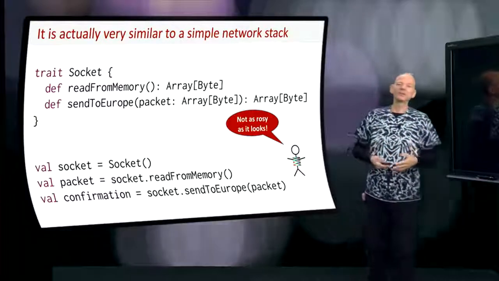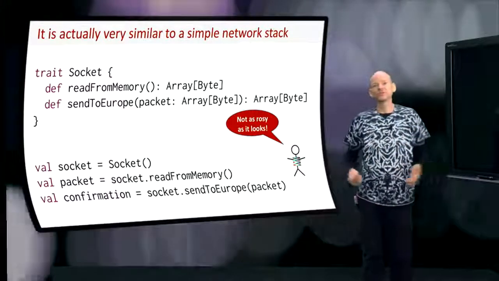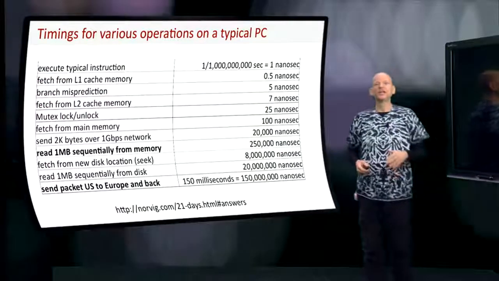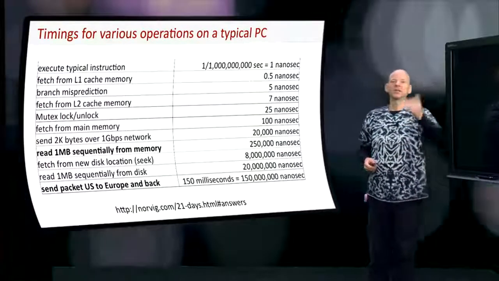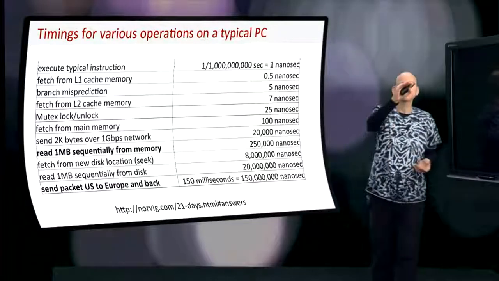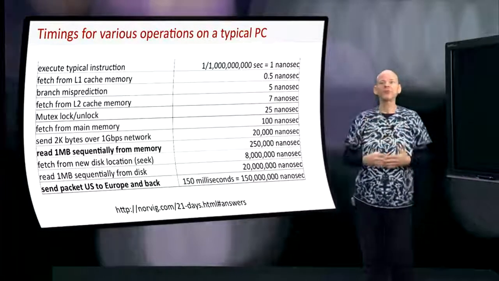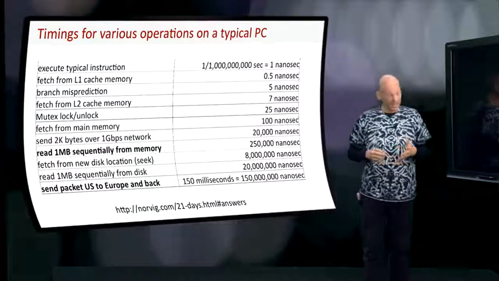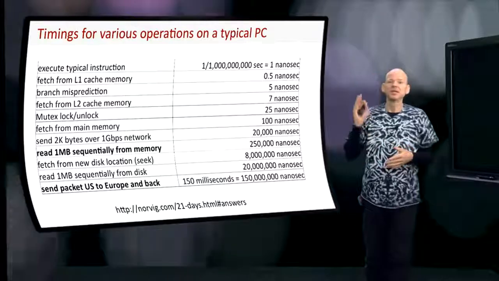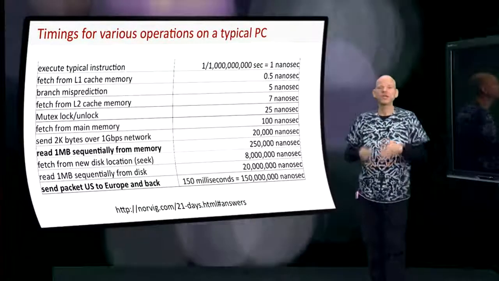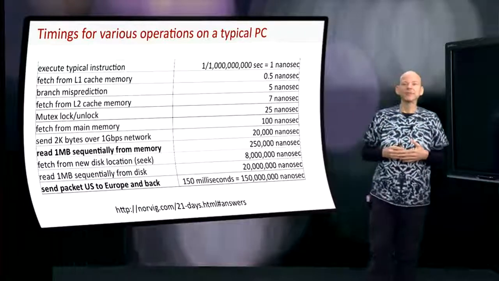Note that these times will vary because computers are changing. So take this as a rough guess. A typical instruction takes 1 nanosecond, but let's look at this. Reading from memory is 250,000 nanoseconds. And sending a packet from the US to Europe takes about 150 milliseconds.